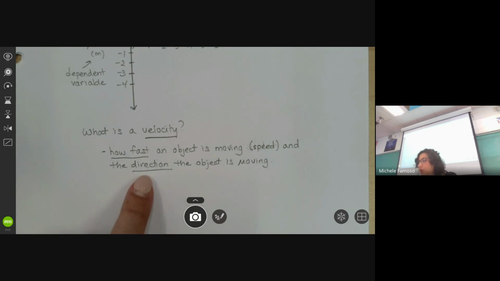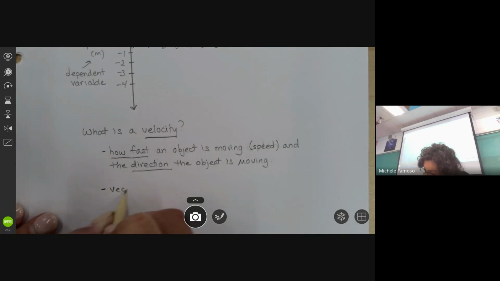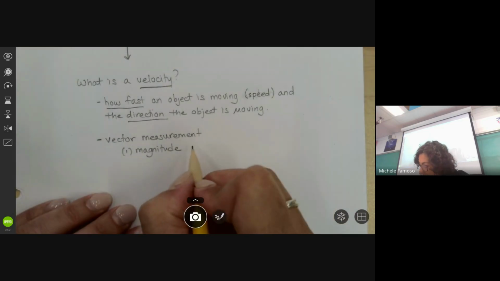Since we include a direction, do you remember what kind of measurement we would classify this as because it has a direction? A vector. This is called a vector measurement because it includes two things. It includes a magnitude, which is going to answer the question, how fast?